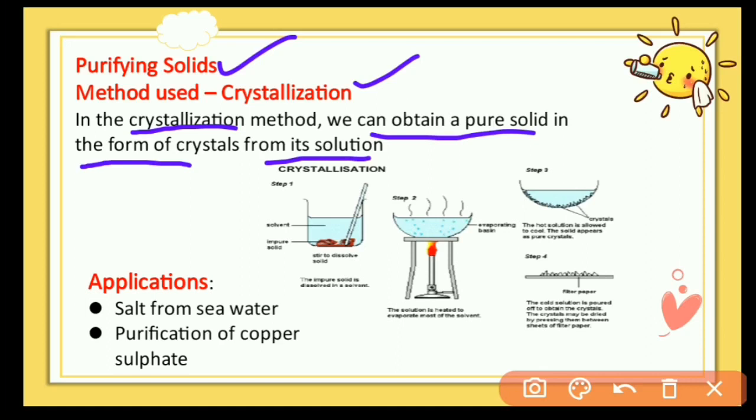In this process, take approximately 5 grams of a crude sample. For example, we take a crude sample of copper sulfate and dissolve it in the minimum amount of water and filter out the impurity.